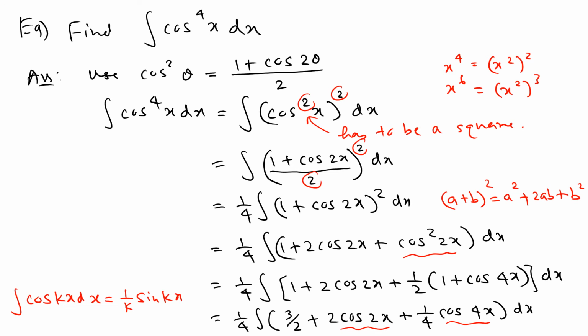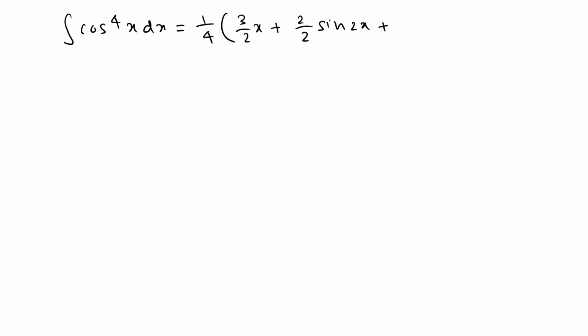So that means finally, after integrating, the integral of cosine to the fourth, cos^4 x dx, equals 1/4 times (3 halves x plus, we can divide 2 over 2, sine 2x plus, we already have 1/2, but we can divide by 1/4, sine 4x) plus c.